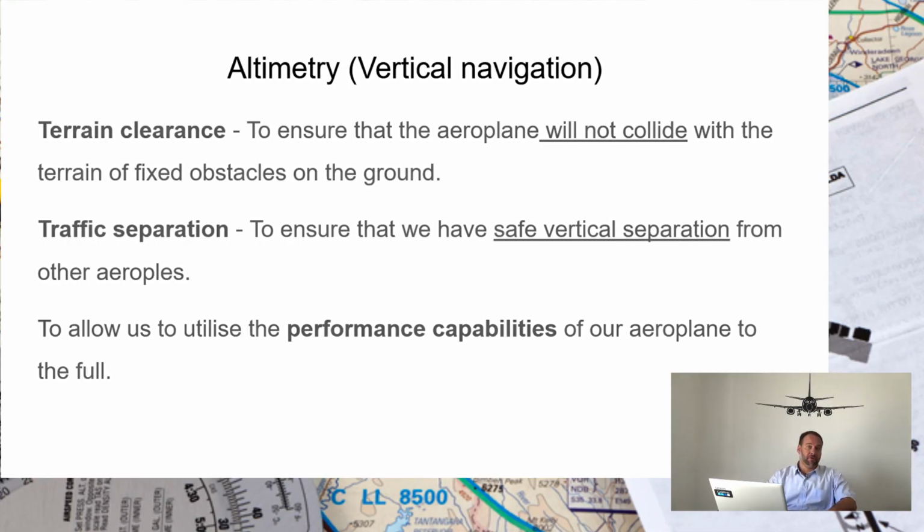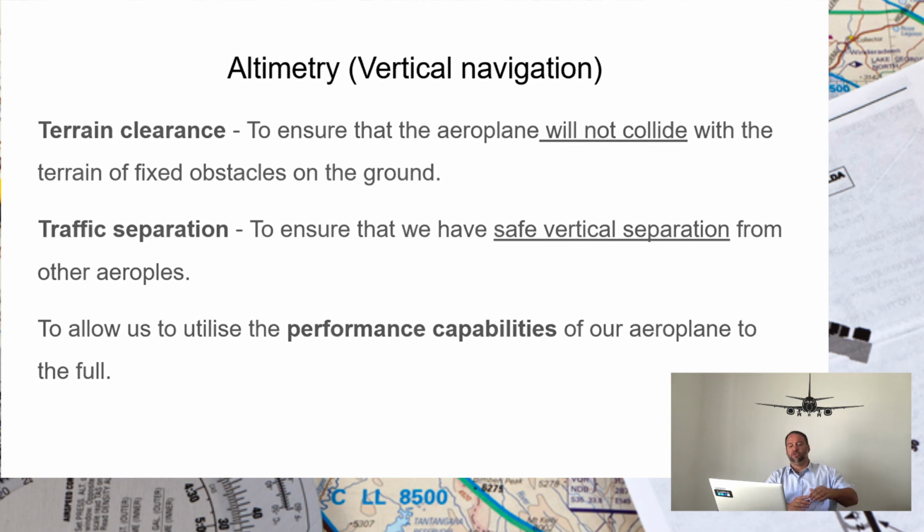Altimetry, vertical navigation. So for terrain clearance, what is the objective? To ensure that the airplane will not collide with the terrain or fixed obstacles on the ground. Traffic separation, to ensure that we have safe vertical separation from other airplanes.